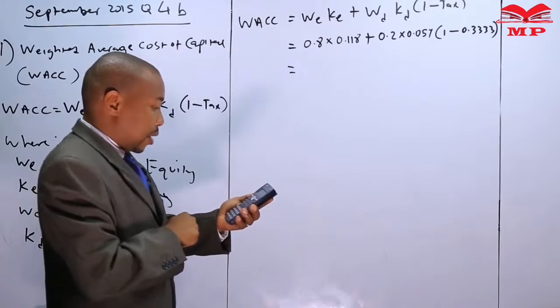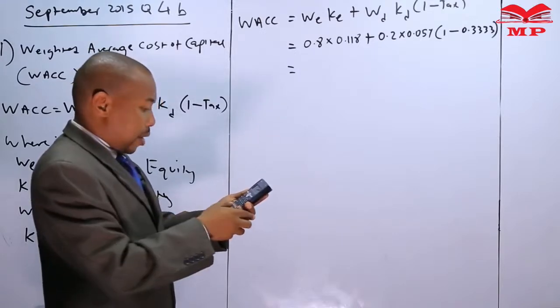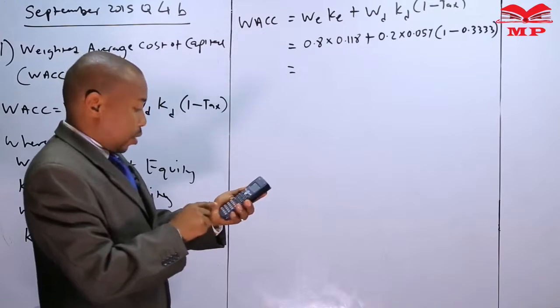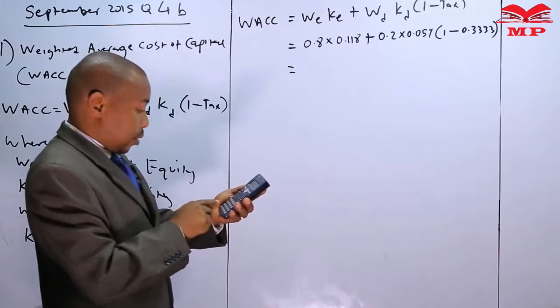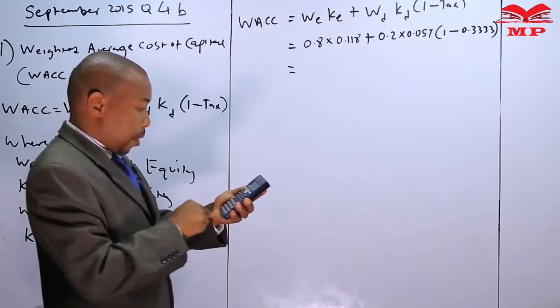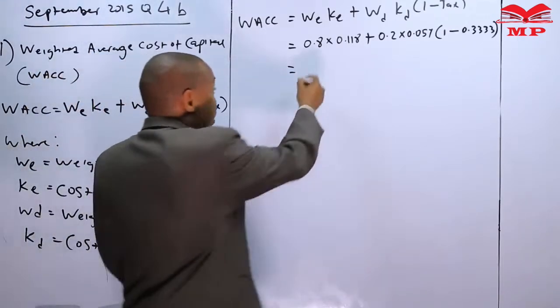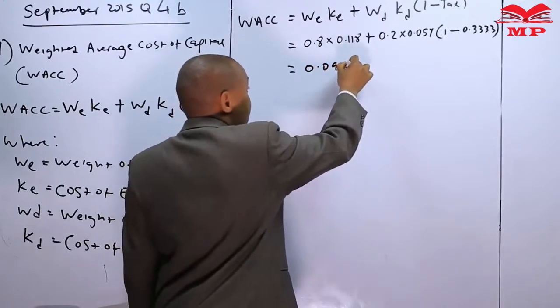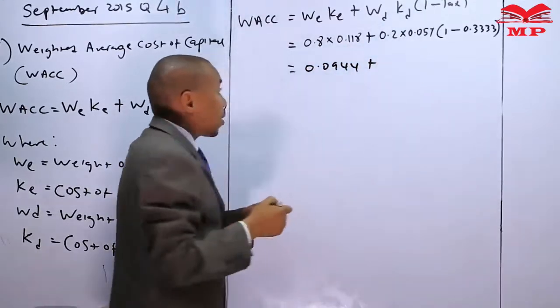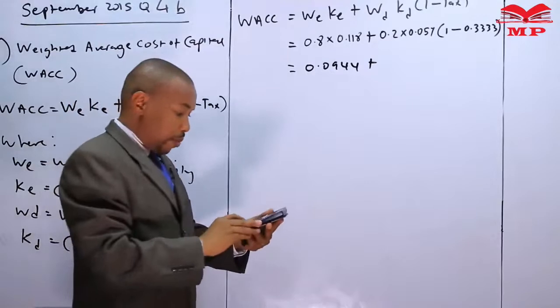It gives us a different figure here. Let me just compute it slowly then. 0.8 times 0.118. What we get? 0.0944. So we have 0.0944 plus, let's compute that one separately so that we cannot mix issues.